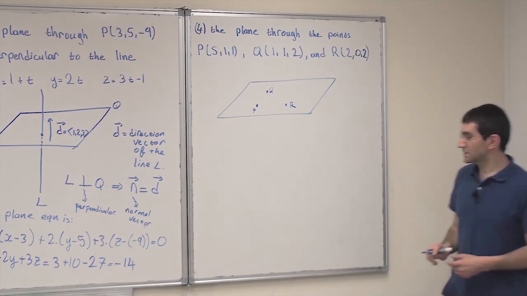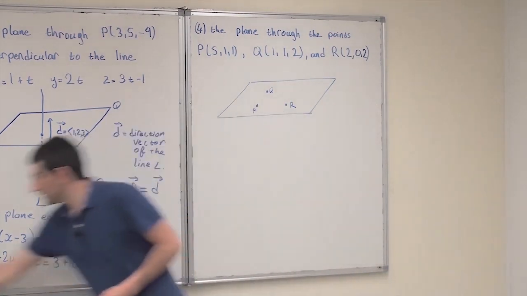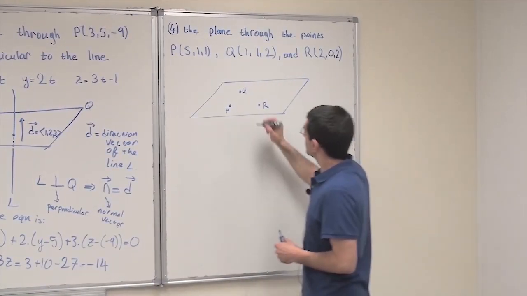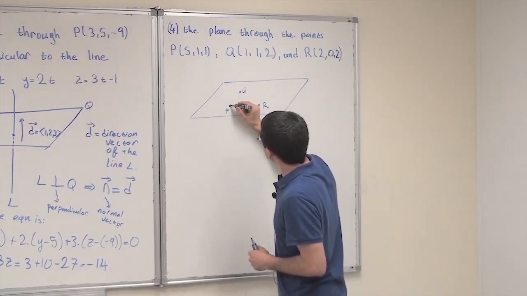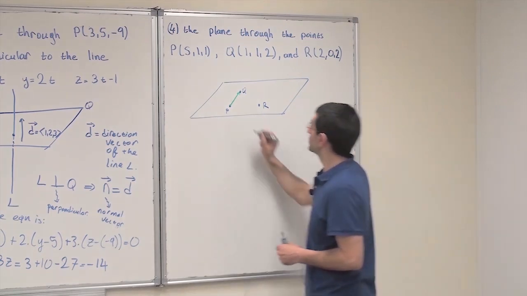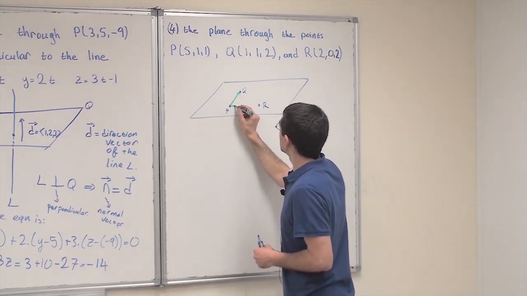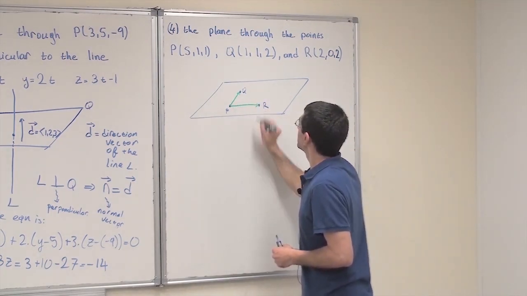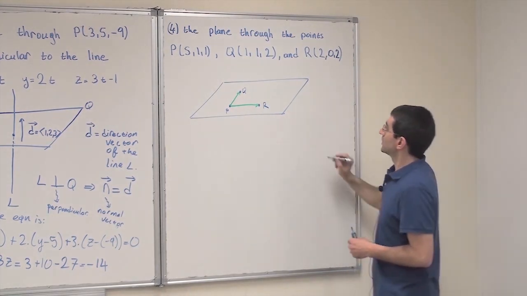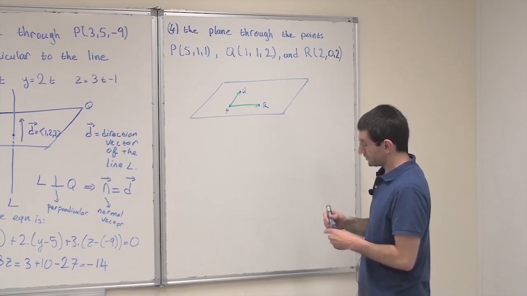Using these 3 points, I'm going to create 2 vectors. One vector whose initial point is P and terminal point is Q. Another vector whose initial point is P and terminal point is R.